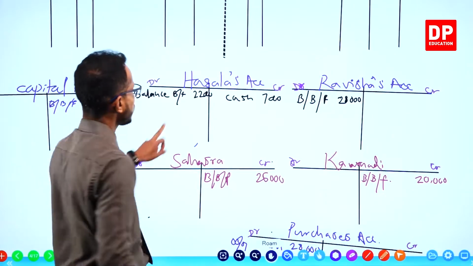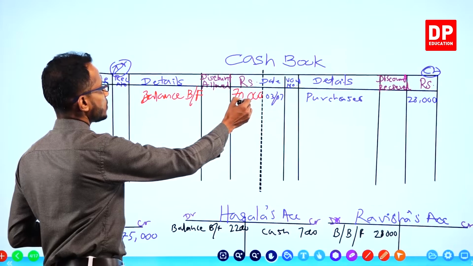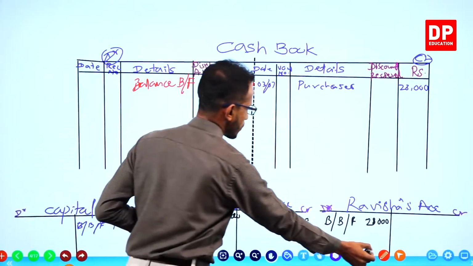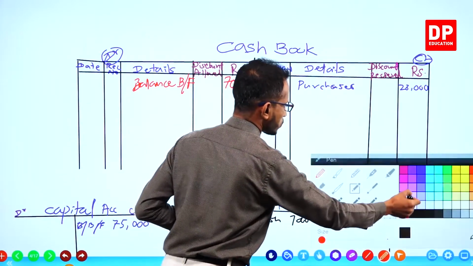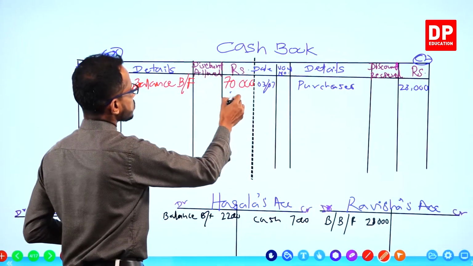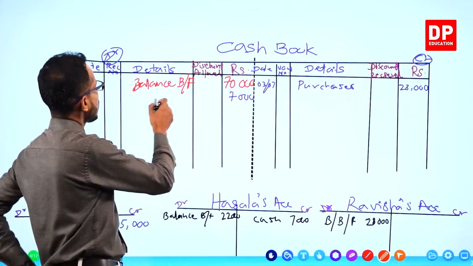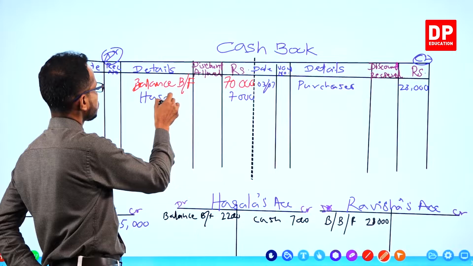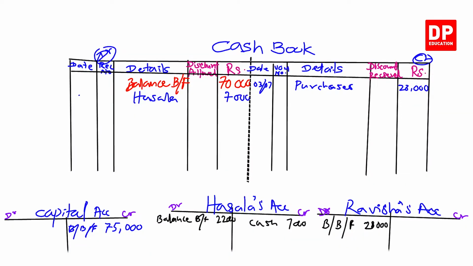And let's go to the cash account or cash book. Put this 7,000 to the debit side. Description is Hasala, that's right. Don't forget the date, children, please.